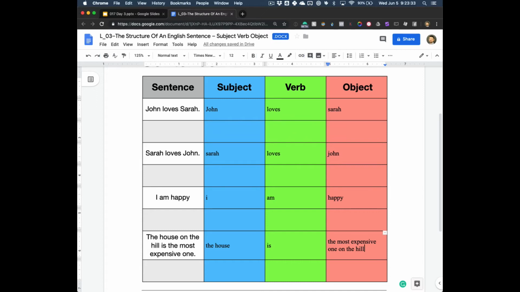An adverbial of location. Yes, exactly. But now it's not part of the subject anymore. This is the subject, and this part is not part of the subject anymore. Now it's part of the object chunk. Okay, does that make sense? Right? These pieces move around. We're like, okay, what's my subject? What's my verb? What's my object?